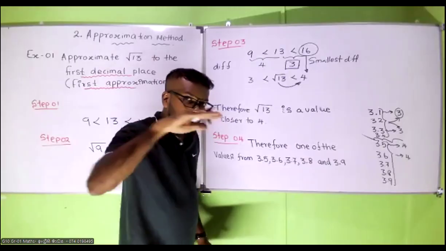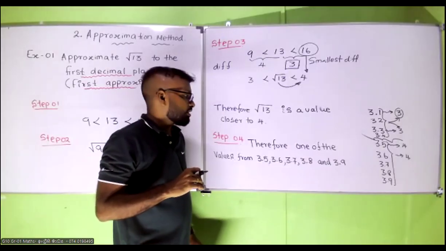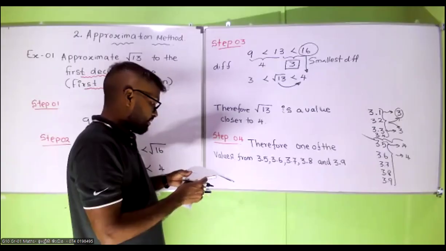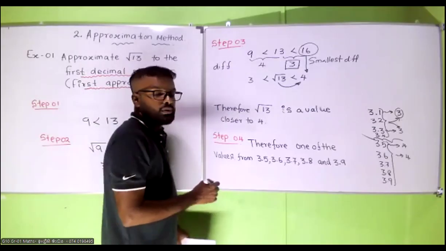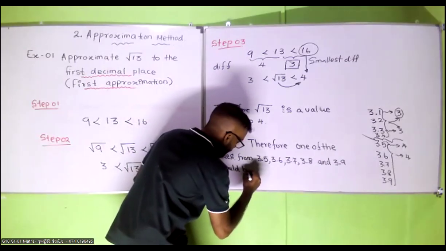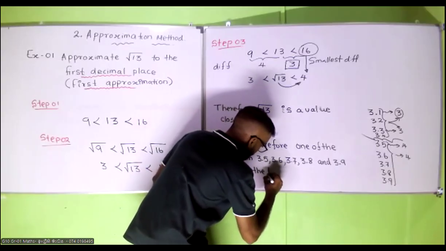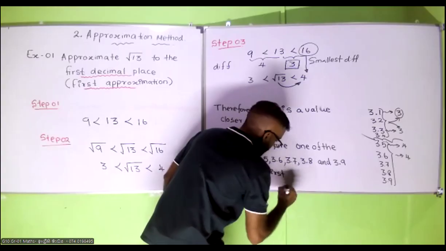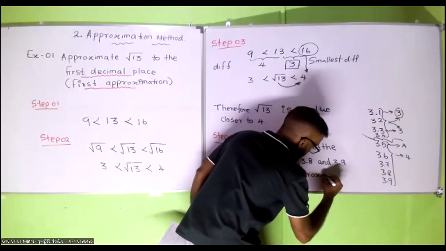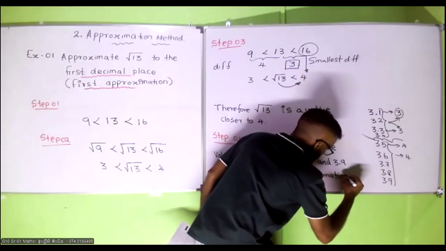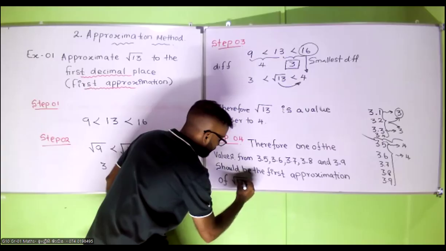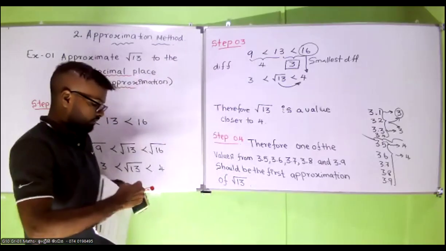One space is not mentioned. Please put it. 3.5, 3.6, 3.7, 3.8, and 3.9 should be the first approximation of the square root of 13.